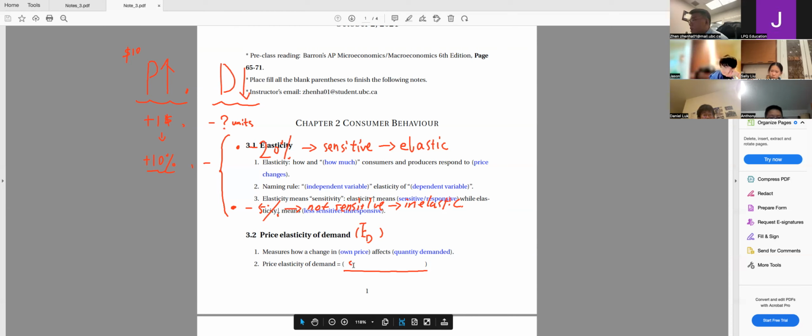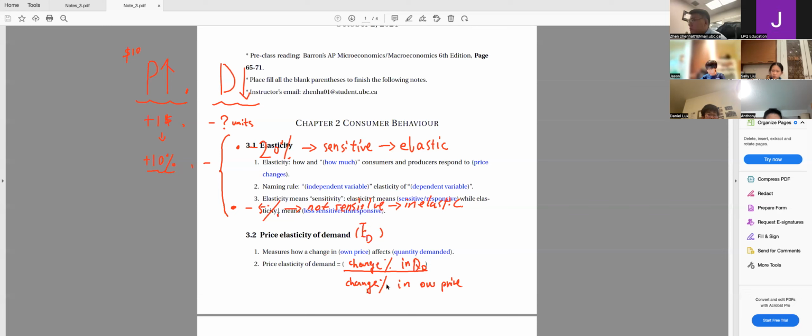It equals the percentage change in quantity demanded over the percentage change in price.